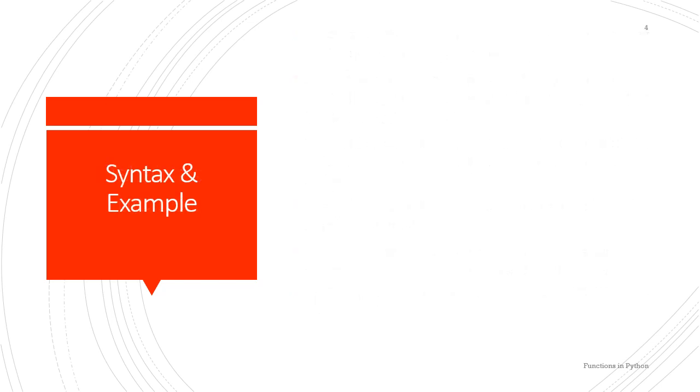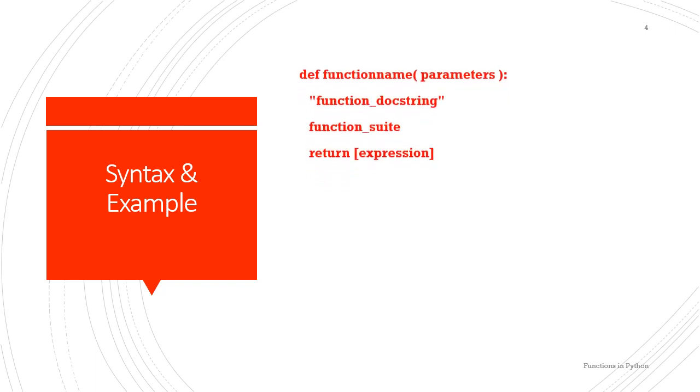Now comes the syntax for defining a function. Here, the syntax is as shown. The keyword def is used to define a function followed by a function name, and we can specify parameters inside the parentheses. And this should be followed by a colon. After this comes the function code.